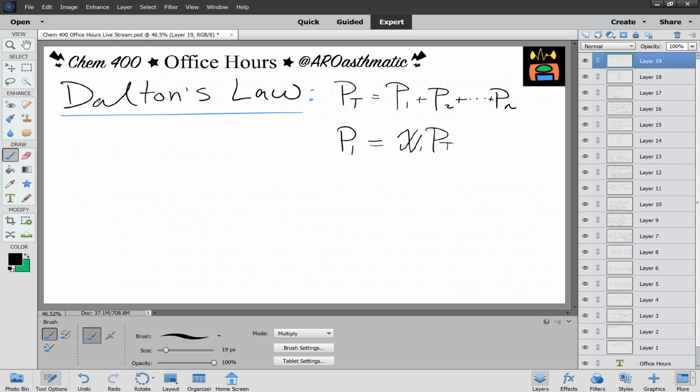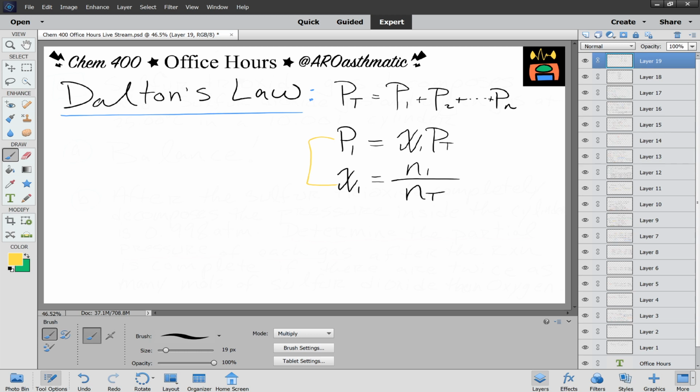And the mole fraction, a capital chi, which is a Greek letter, is equal to the moles of that individual gas divided by the total moles present in the mixture. And the quick answer to your question, Vraj, is yes. You could totally solve this using this formulation of Dalton's law of partial pressure.